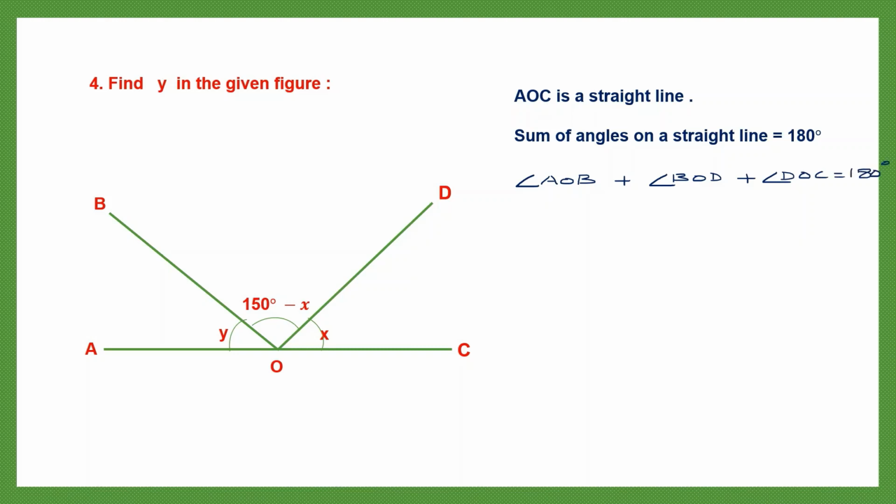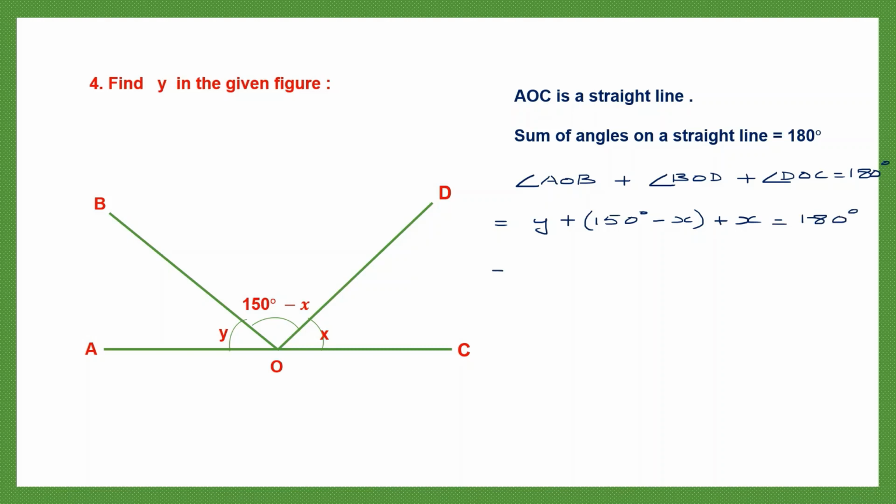Now how much is angle AOB? That is y, isn't it? So let's write that as y plus, how much is angle BOD? BOD is 150 minus x. So that is 150 degrees minus x plus, how much is DOC? DOC is x. So that is x. Totally this should add up to 180 degrees.